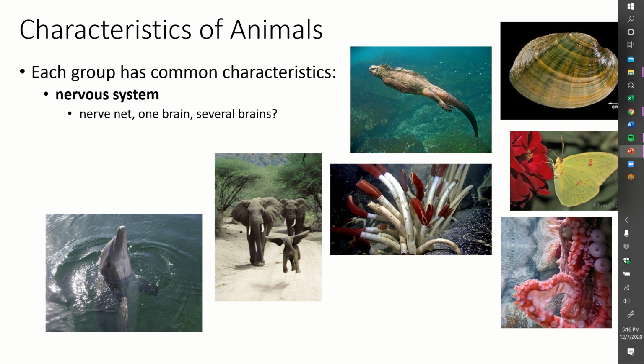There must be something that distinguishes them from the other groups, and that's the distinguishing characteristic. Okay, so we've got symmetry, cephalization, skeleton, nervous system, and type of digestive system. That's what we're going to talk about for all the rest of these.